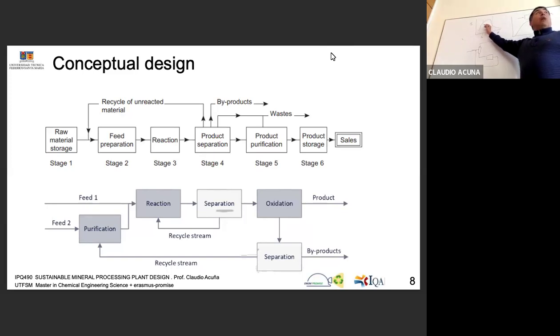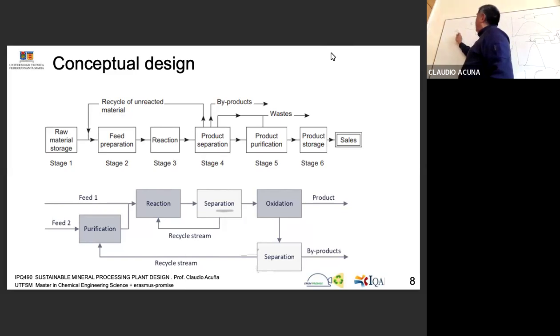I know, too small. Why? Sorry? No, you're confusing with this one. This is the coarse particles. The explanation that you're giving is for coarse particles. This is related with probability of collision.